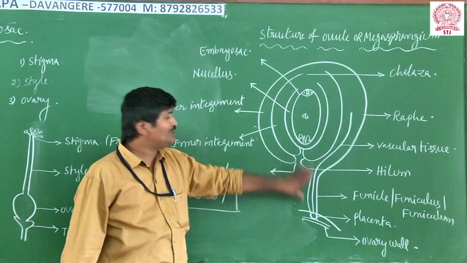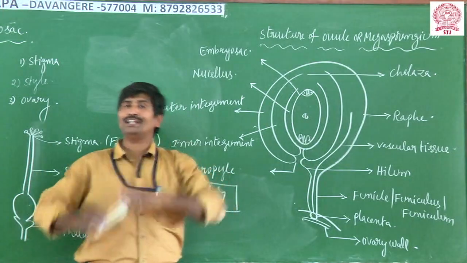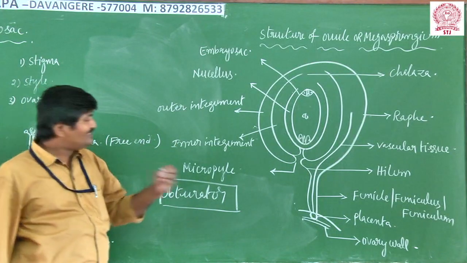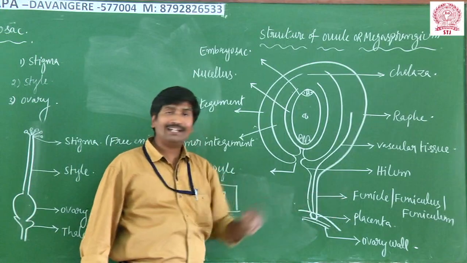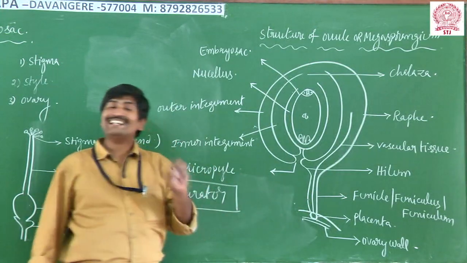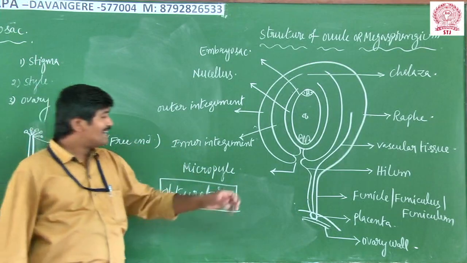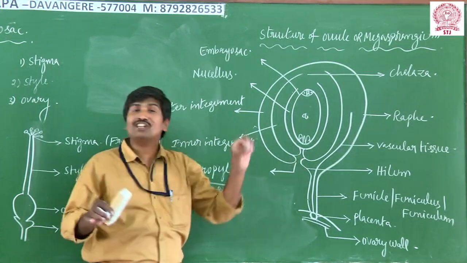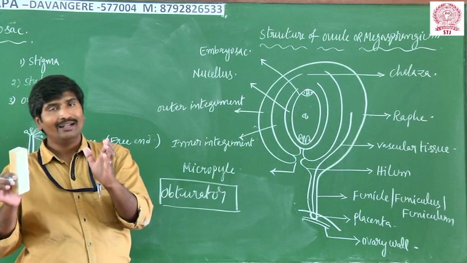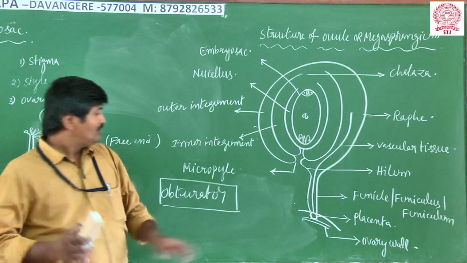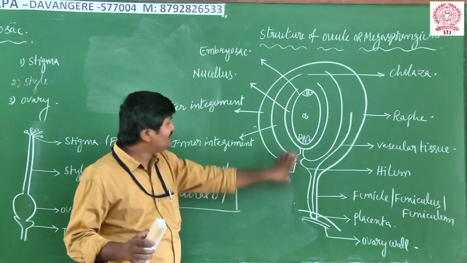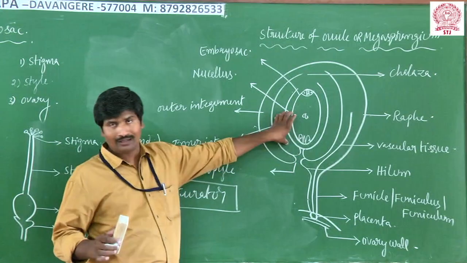The stalk of the ovule is known as the funicle. The filaments developed from the funicle are responsible for guiding the pollen tube to enter the ovule. It is a very important point.